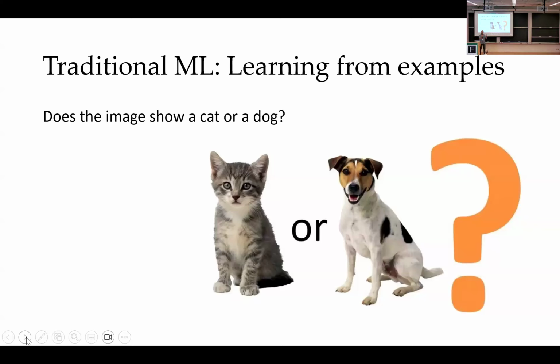So separate out whether an image shows a cat or a dog, right? And this idea was useful for quite some time. But the thing is, it was rather data intensive. We needed large amounts of labeled data to be able to train these models.